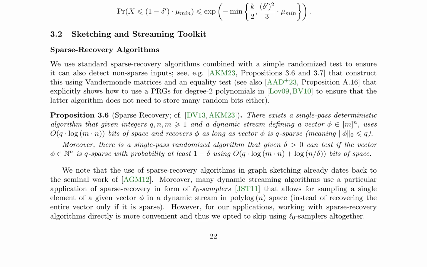A lower tail bound also exists for any δ ≤ 1 and μ_min ≤ E[X].